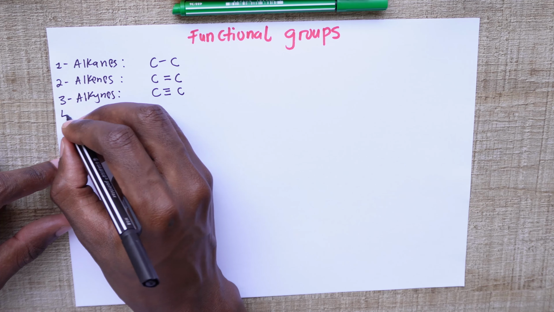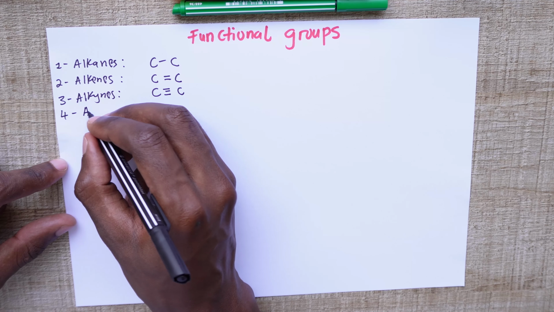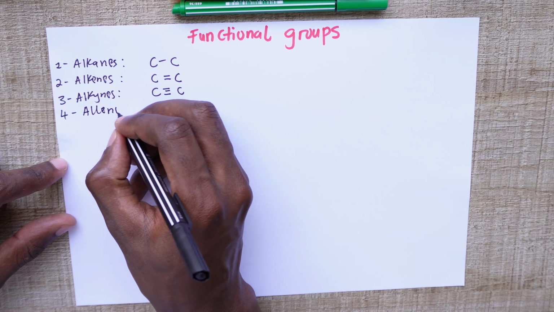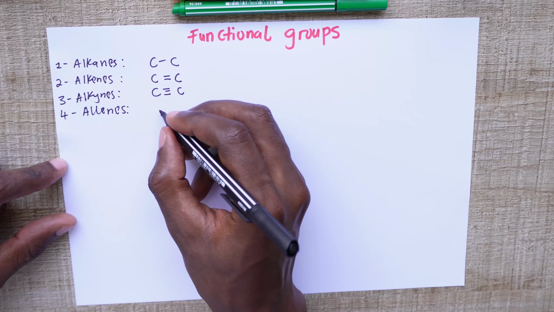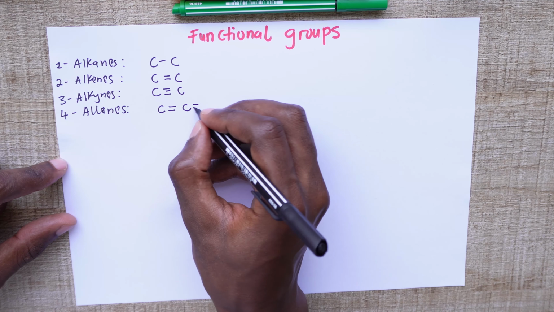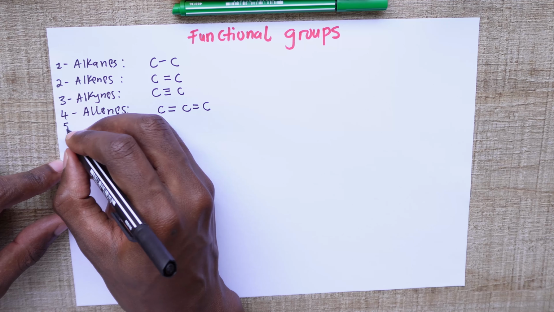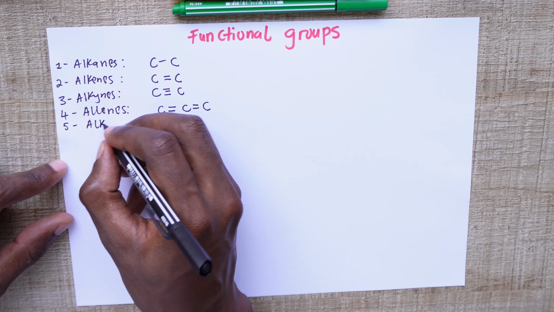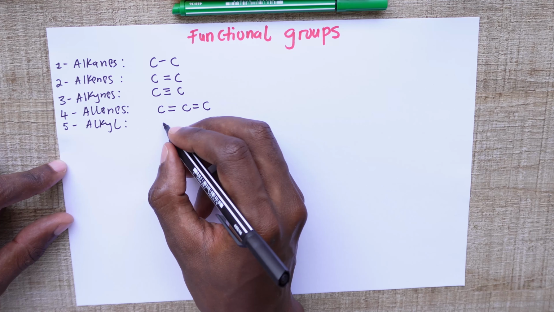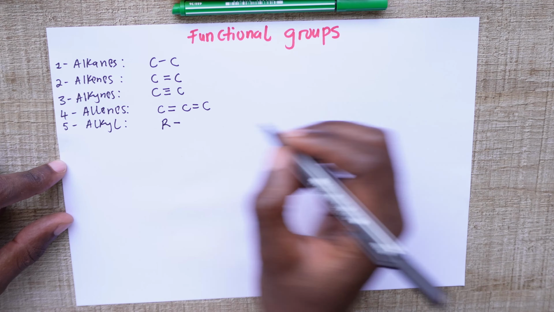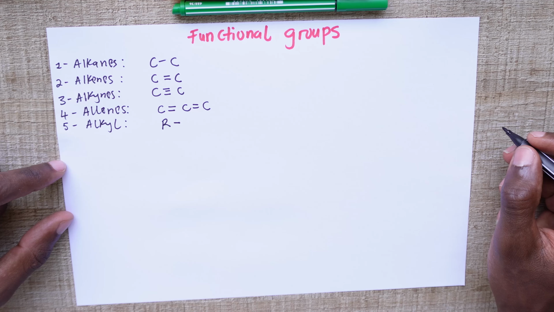Then you have number 4, the allenes, just like 2 carbons and 2 double bonds. Then you have the alkyl group, which in this case is just like an alkane that has lost a hydrogen atom.